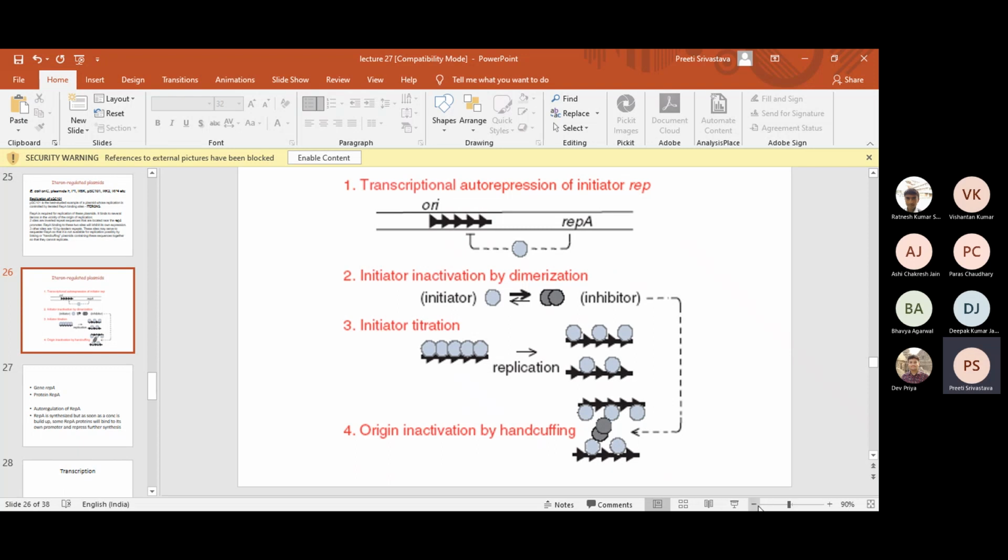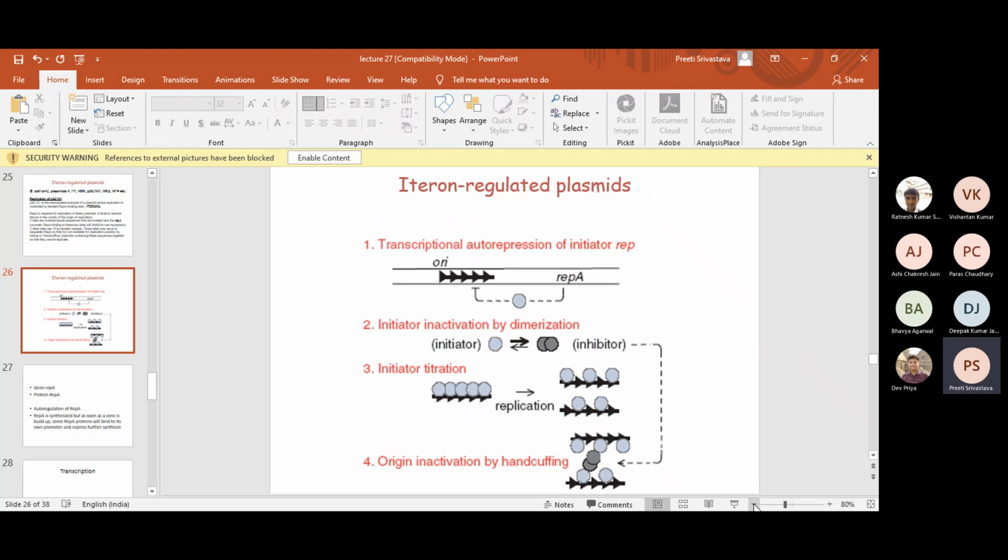So these are the mechanisms which operate in most of the megaplasmids like P1, like F, and also in the case of the E. coli chromosome, where the initiator protein is autoregulated. The initiator protein can exist in two different conformations, monomer and dimer. Monomer is active, dimer is not capable of initiating replication.